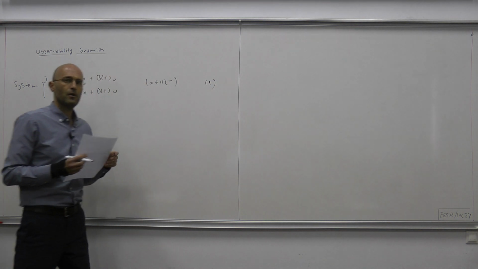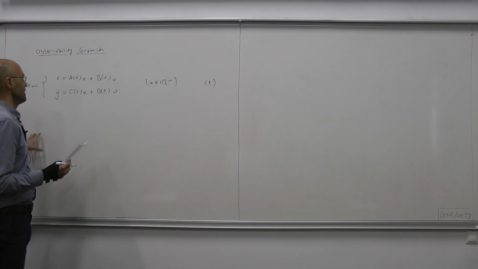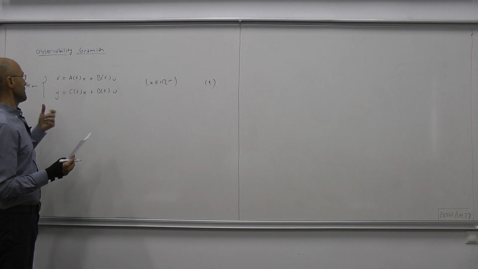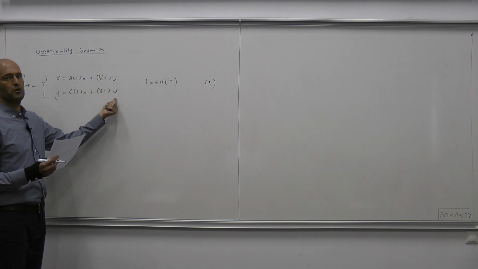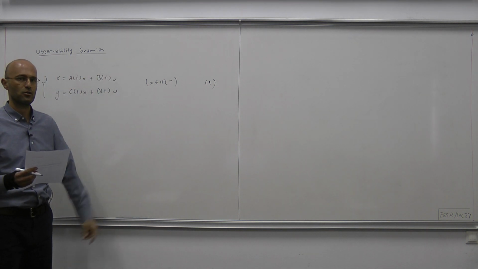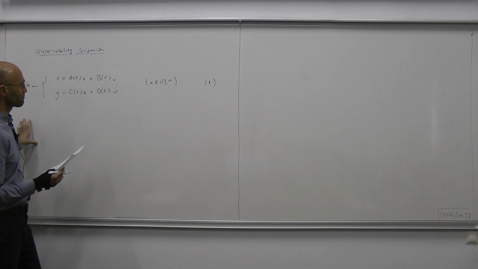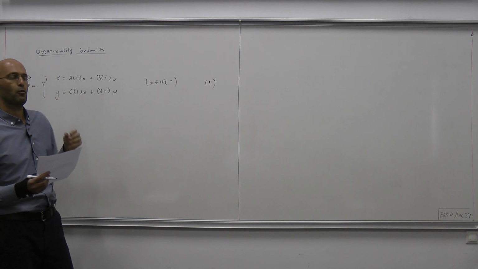Now, what observability is concerned with, as we talked about in our previous lecture, is this: given the information about the measurement, the output, and also the control input u, can the evolution of the state, the solution x of t, be determined? Eventually we discovered that the input has nothing to do with observability.